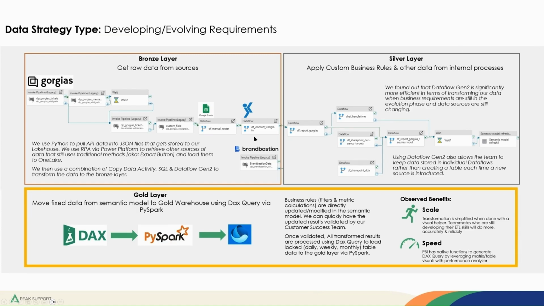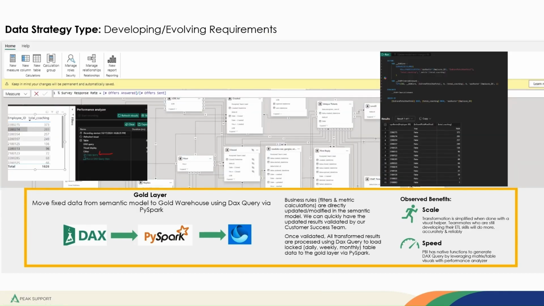So the final layer is the gold medallion. Once the business rules are accepted, we actually modify the semantic model directly and have it validated by our customer success team. And when I say semantic model, it's actually the Power BI report that's published.